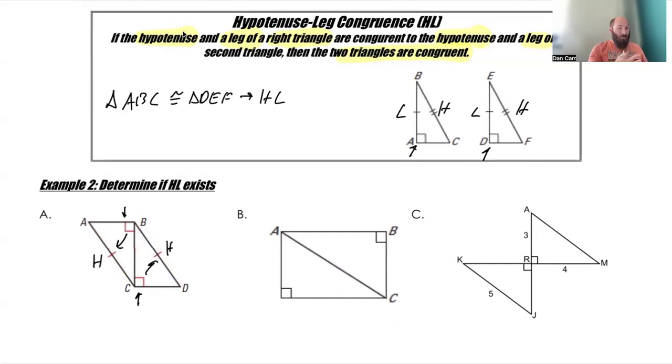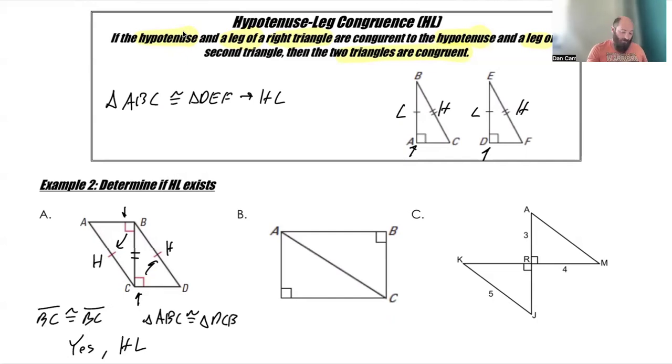And just like one of the early examples, this is my reflexive side. BC is congruent to BC from the reflexive property. So yes, they are congruent because of hypotenuse leg. I can make the statement that triangle ABC is congruent to triangle DCB.